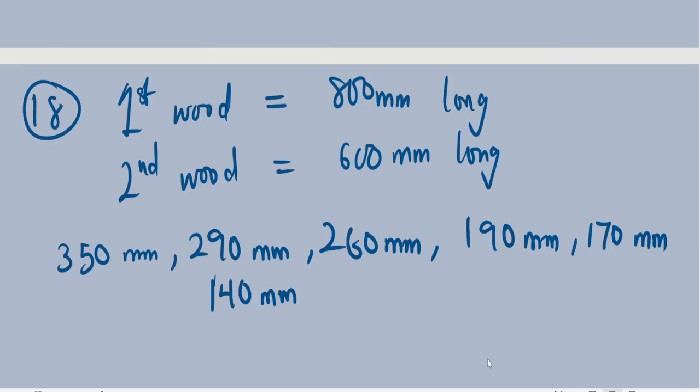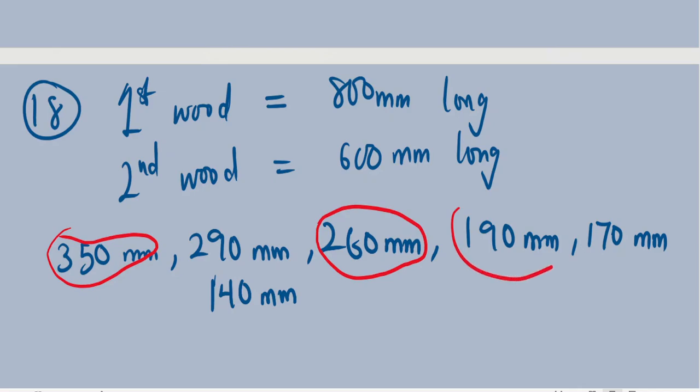Now let me change the color so that you can see properly. You will discover that if you add 190, 260, and 350 together, they should give you 800.